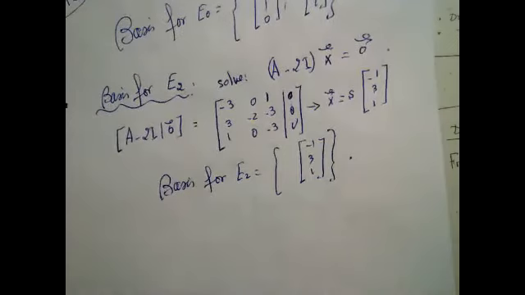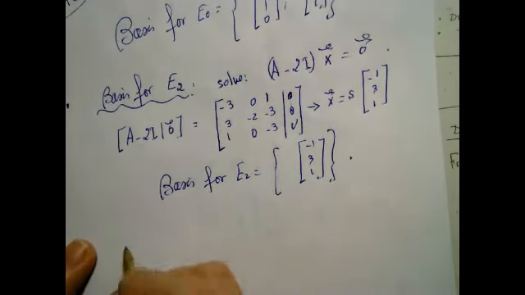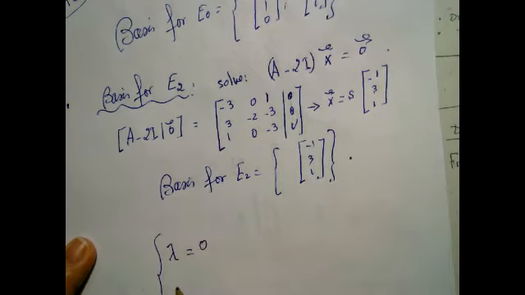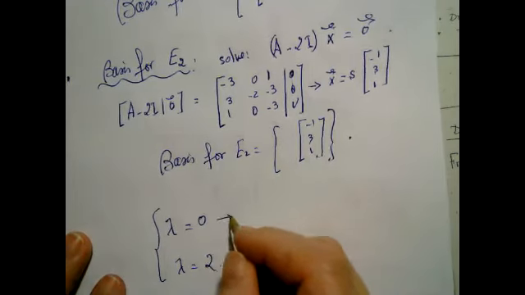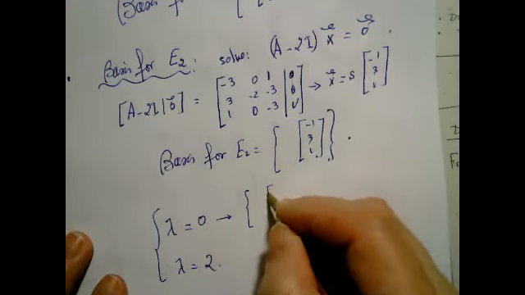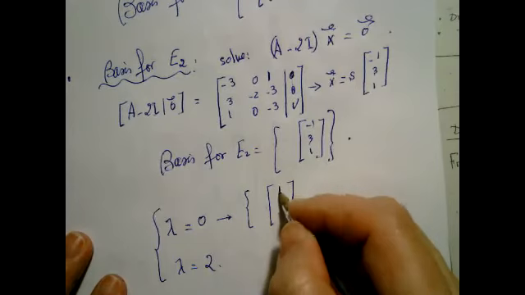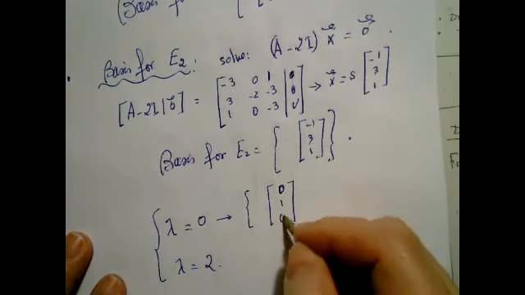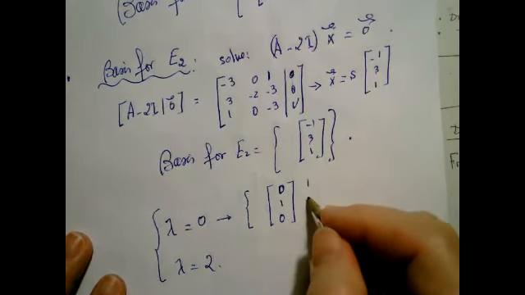So now let us see what we have. So we sum up. We have two eigenvalues, 0 and 2. For 0, I have two linearly independent eigenvectors: 0, 1, 0 and 1, 0, 1.